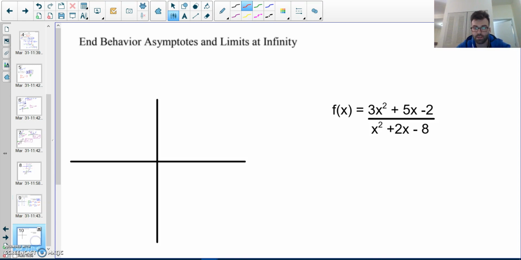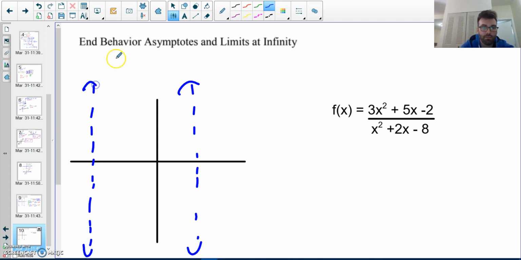We're using the same function here, and I had those vertical asymptotes at positive 2 and at -4. I also want to think about our end behavior asymptotes and our limits at infinity, connecting what we talked about earlier in this video.